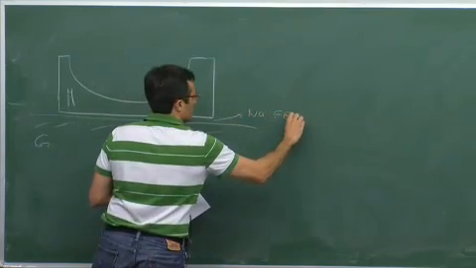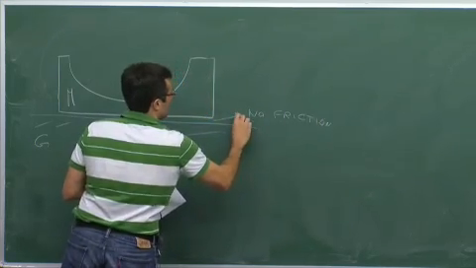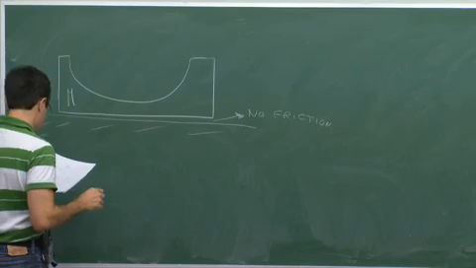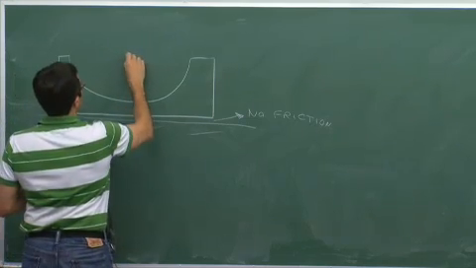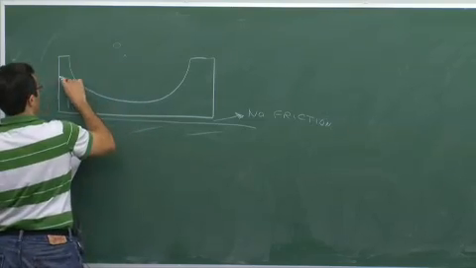No friction. Okay. And then inside this, the center of this semicircular guide here is O. There is no mass here, right? So this is the mass.